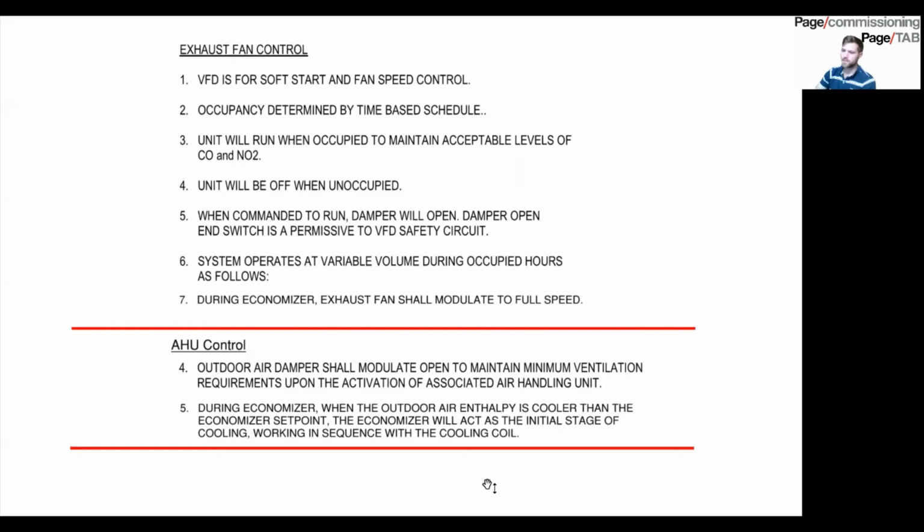So this seems to be an issue because your exhaust fan going to full speed assumes that your air handler is going to have its max amount of outside air, but this sequence states that it not necessarily will. It could be really, really cold outside.